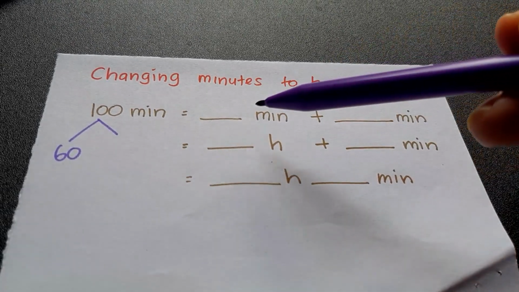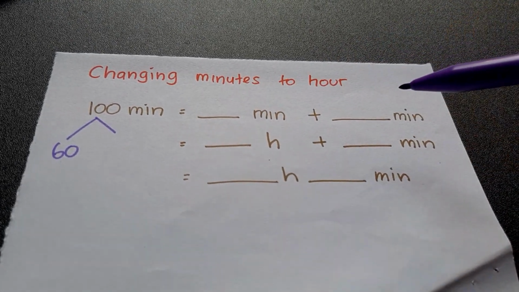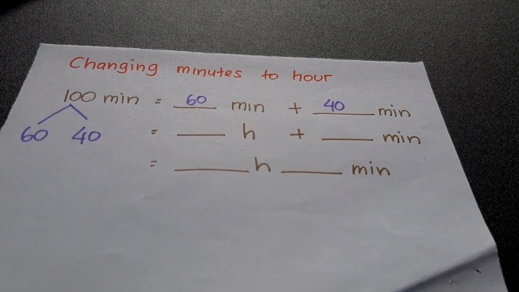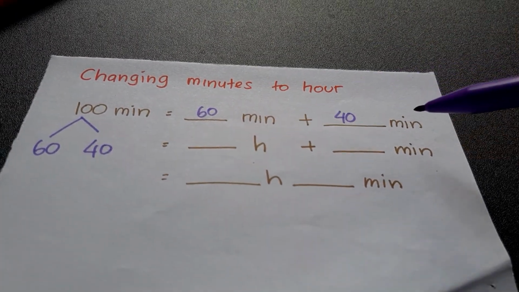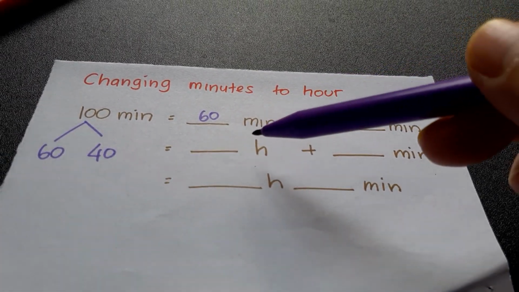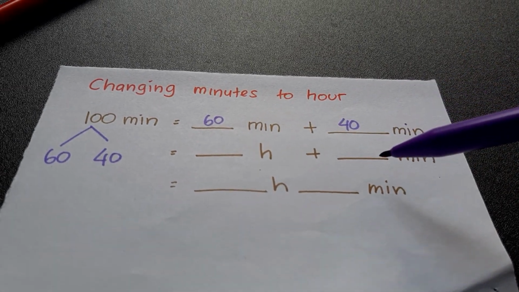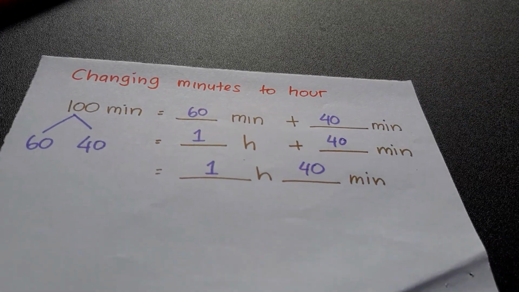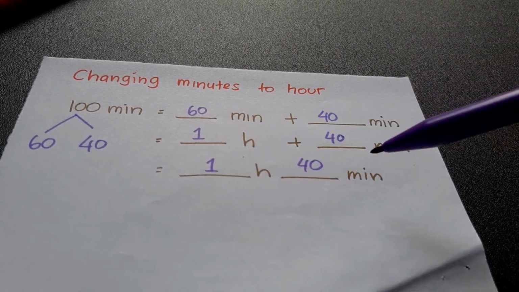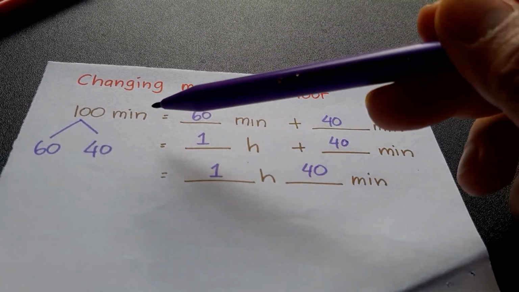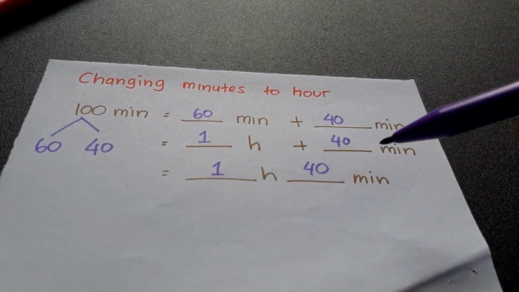So Miss Uni will write down 60 over here and 40 over here. So we have 60 minutes and 40 minutes. Remember, 60 minutes is how many hours? Yes, 1 hour, and then 40, put it over here. And so we get the answer. 1 hour and 40 minutes. So 100 minutes is 1 hour and 40 minutes.